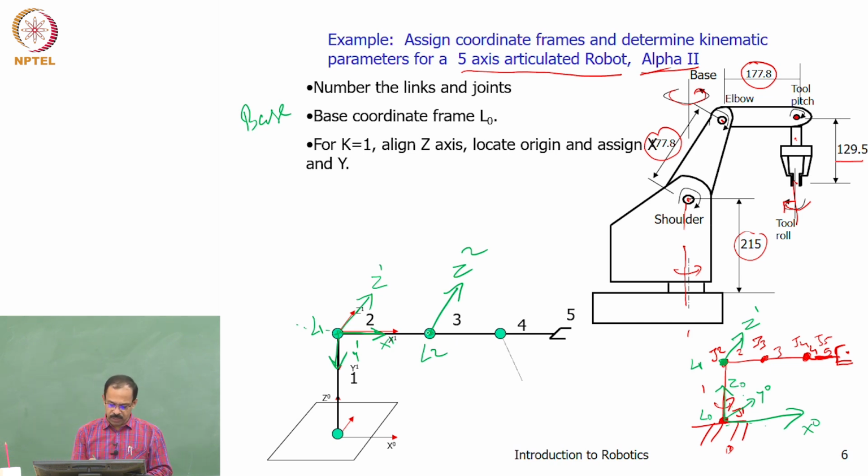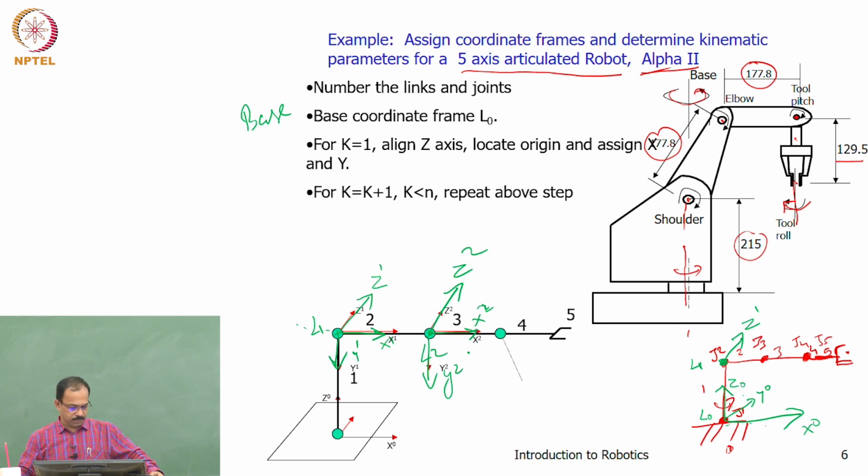So your L2 origin will be here. And then you can assume x2 here, since we are all assuming the same way. You can assume this x2 is this way. And therefore, y2 will be this. Okay, x2, y2, z2.